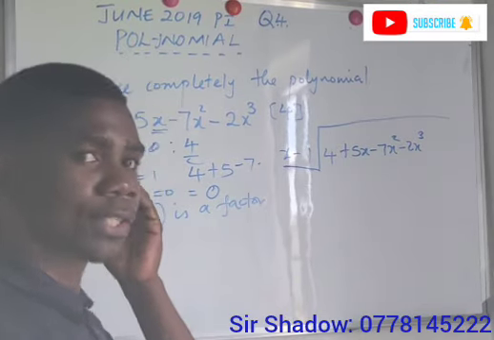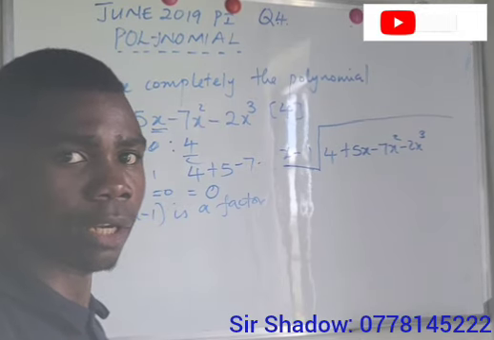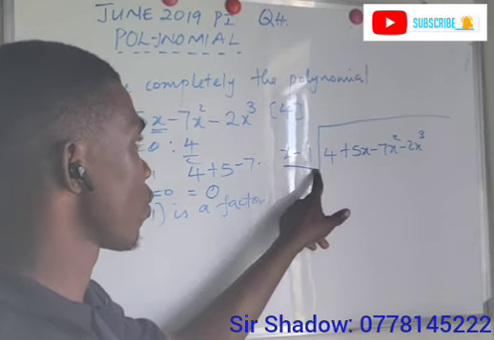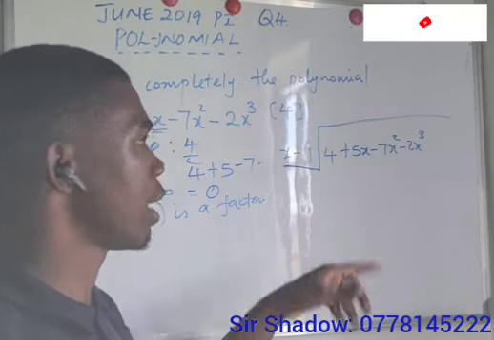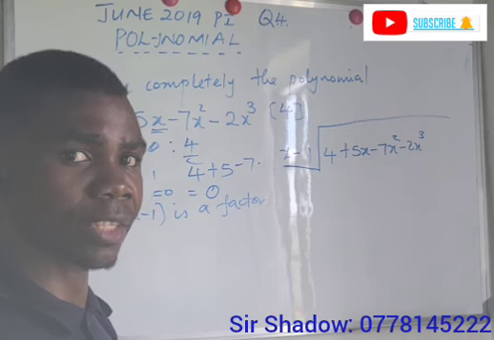If the polynomial is divided by x minus 1, we should get the remainder 0.